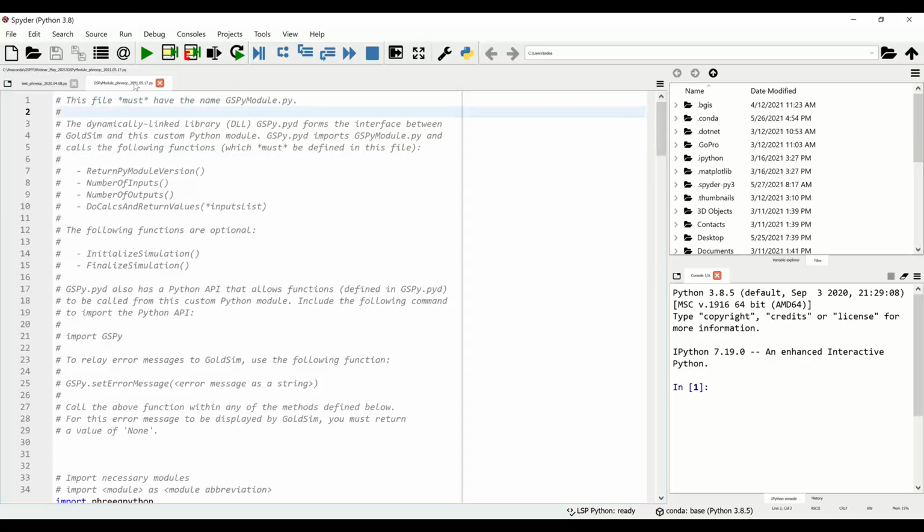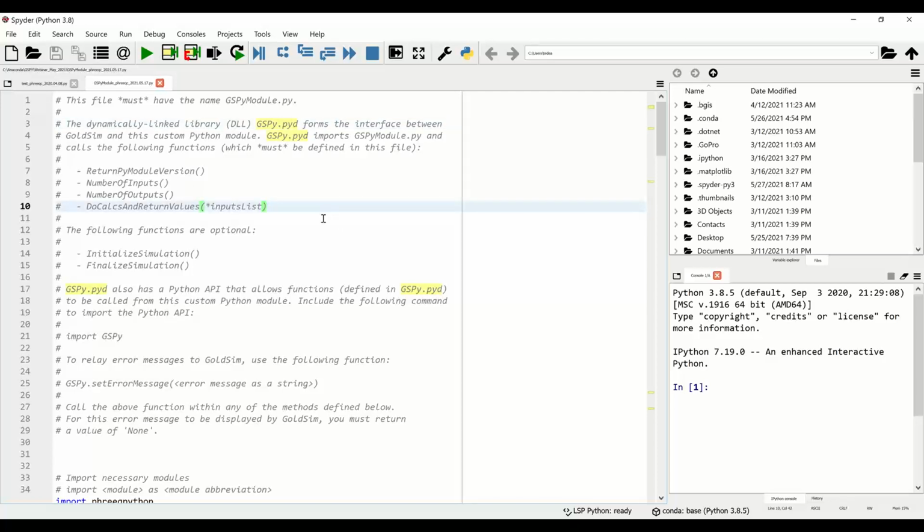So you can see here, I have a working file name, which is really small font, but I've given it the name GSPy module_Phreeqc, and then it looks like it has a date of last week. So this is my working file. If I make changes to this file, I'll actually have to save it and then rename it back to GSPy module.py, because that's the name that our dynamic link library, which is called GSPy.pyd, is expecting.